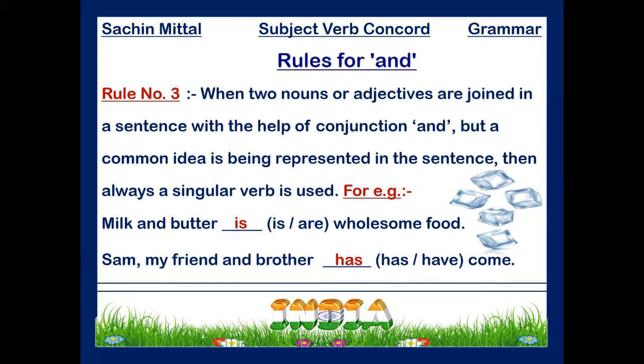Similarly, we say Sam, my friend and brother, has come. Here we have joined my friend and brother with the conjunction and, but we see that Sam is one person over here. So we have used the singular verb has and not have. I hope you understand this thing. Okay, let's move forward.